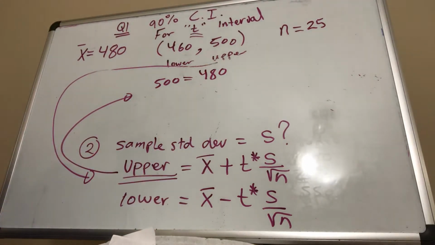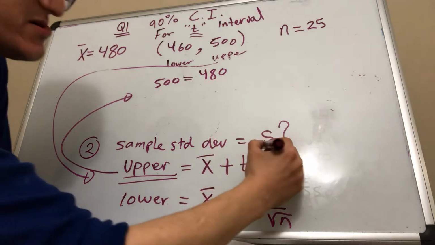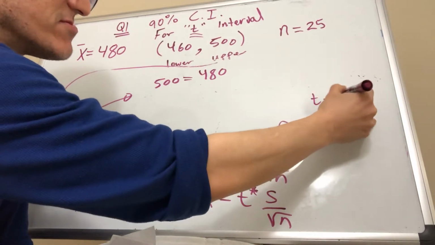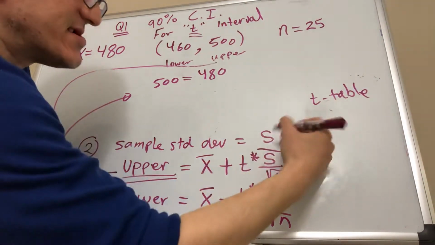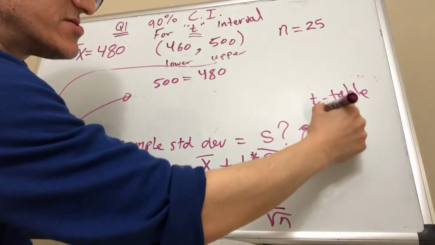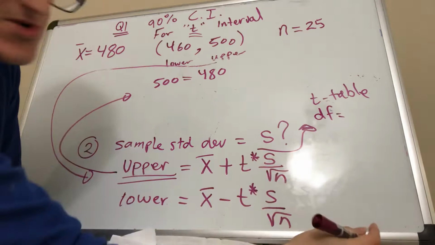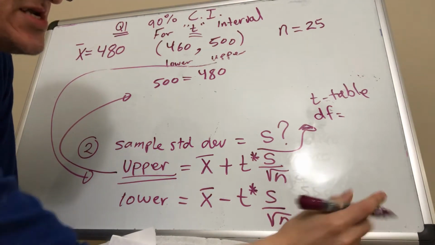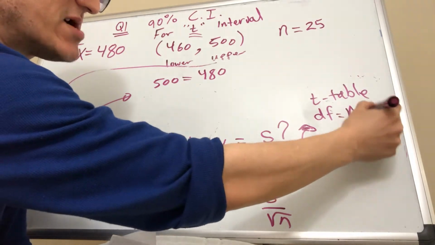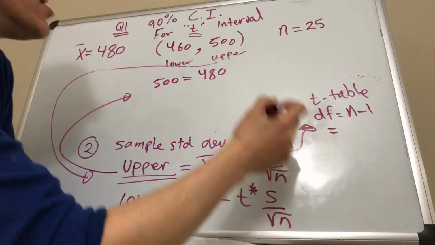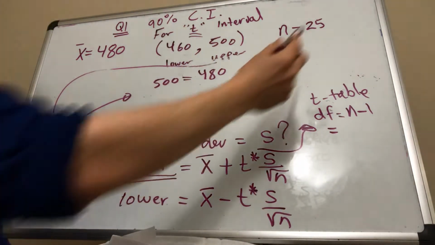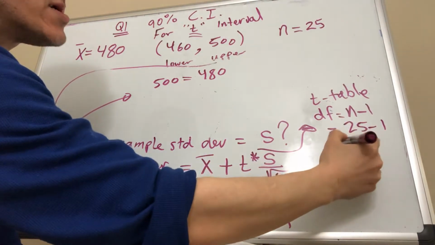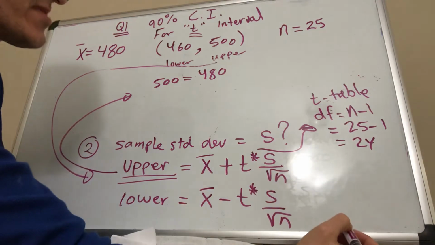I need my t star. To get this t star, you get it from the t table. To get this number from the t table, you need to know your df first. And df is degrees of freedom, and it's always n minus 1. So the entire sample, as we know, is 25. You minus 1, that's 24.